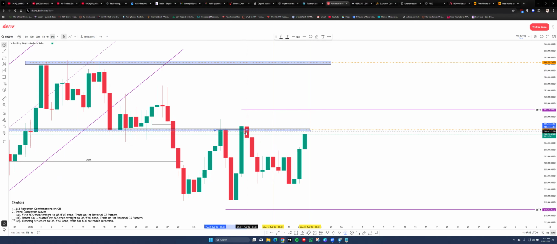If you still want to hold this market as a sell, you'd have to wait for the market to break this low, then we'll start looking for an area of interest to take it back down. But at this point, it broke a high, so we're looking for an area of interest to take it back up. As at this week, we don't know what the market is going to do, but it is still pushing down to the downside.